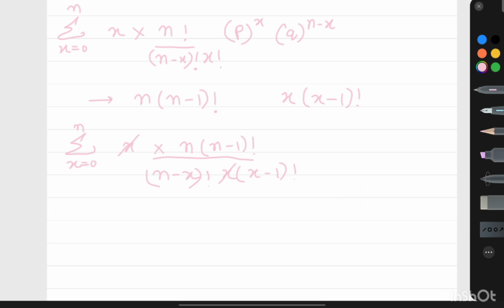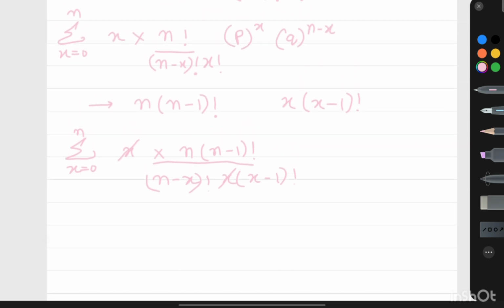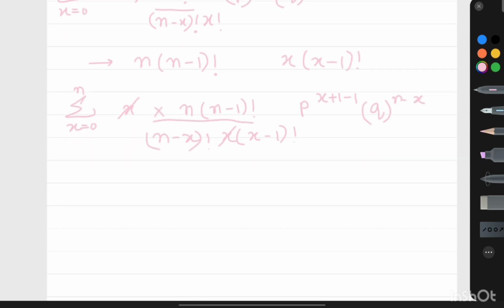Now you have to write p as p^(x minus 1) times p^1, and q as q^(n minus x), which is written the same. Okay, now if you want to take n and p common, how are we going to take them? Because this positive p, if we write it like this, p^(x minus 1) and p^1, we can take it common, right?